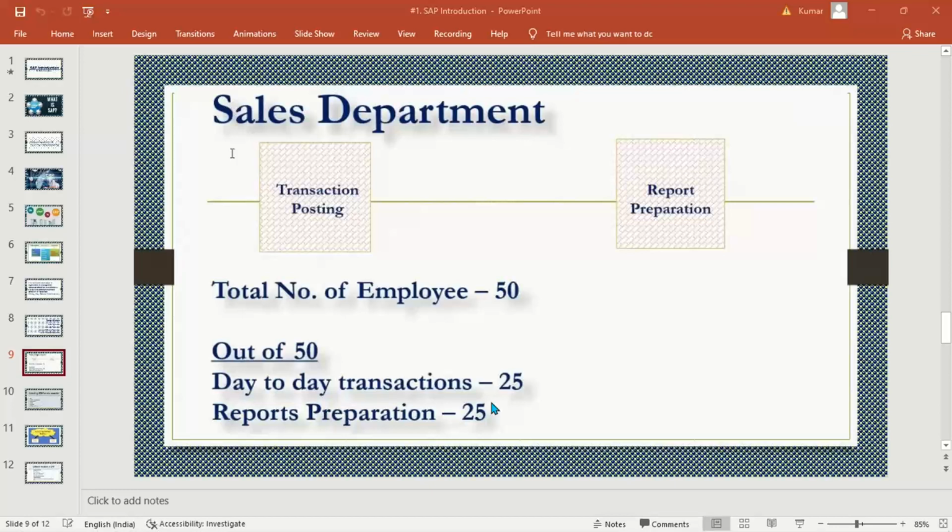Once they start using ERP, the scenario is going to change. After the implementation of SAP or any other ERP, only these 25 people are required, and these 25 people are not required.